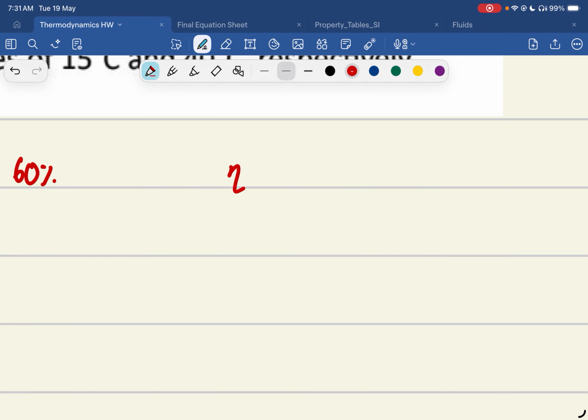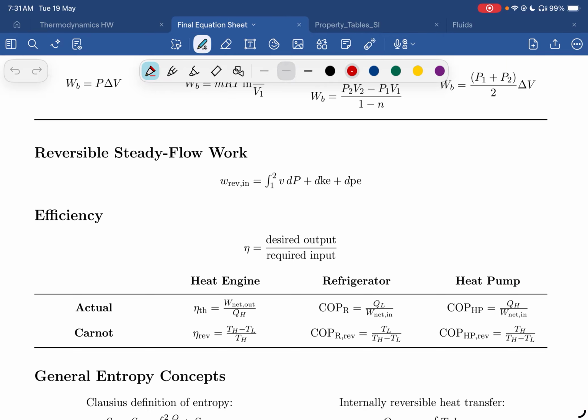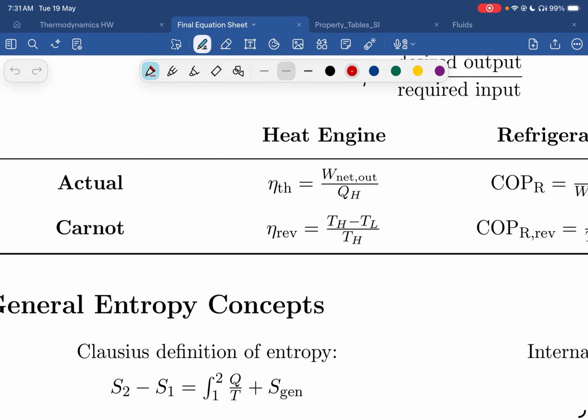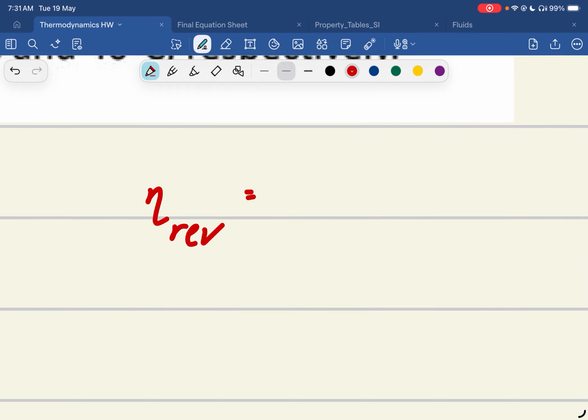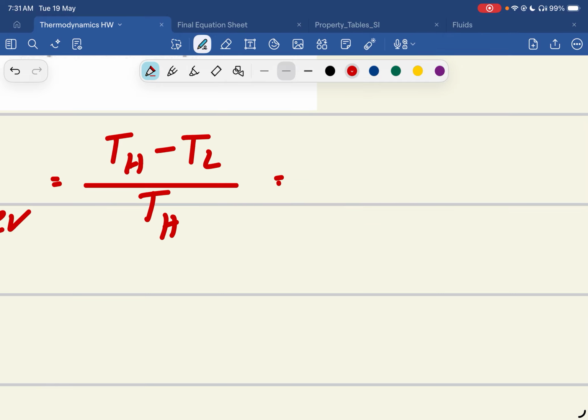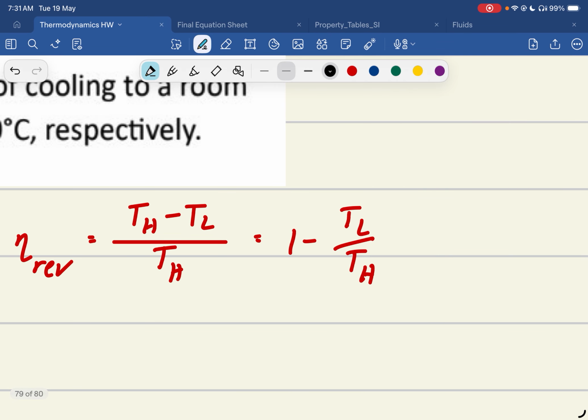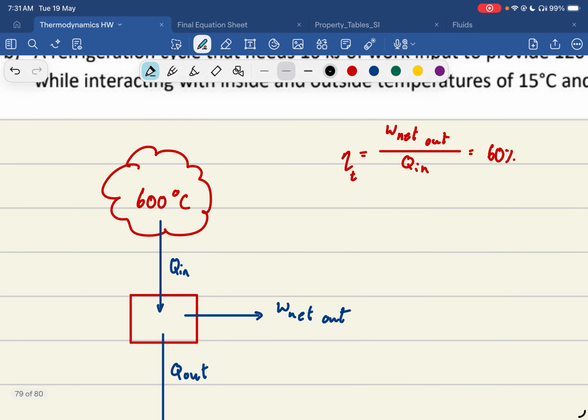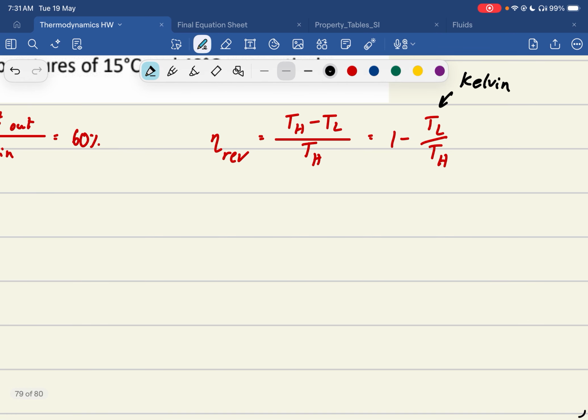And for our reversible, or the Carnot, it would be in your equation sheet. You would just use TH minus TL over TH, or you could say 1 minus TL over TH. But these values need to be in Kelvin, and we have them in Celsius, so we have to change that.